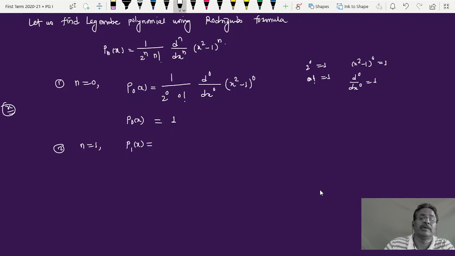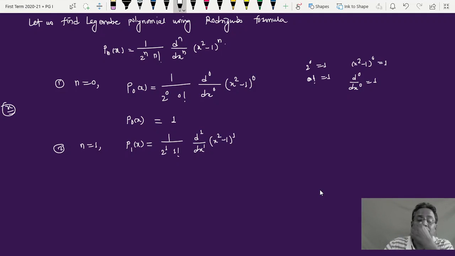Let's check whether we are getting this or not. Now this is 1 upon 2 raised to 1 into 1 factorial multiplied by d raised to 1 upon dx raised to 1, so that is d by dx of x square minus 1 raised to 1. Solve this.